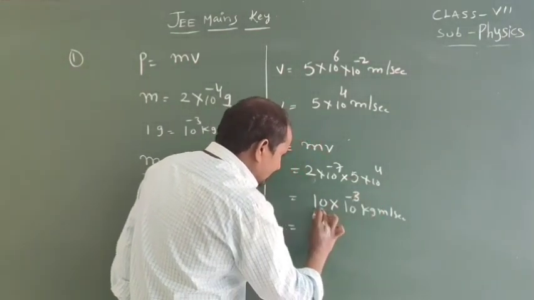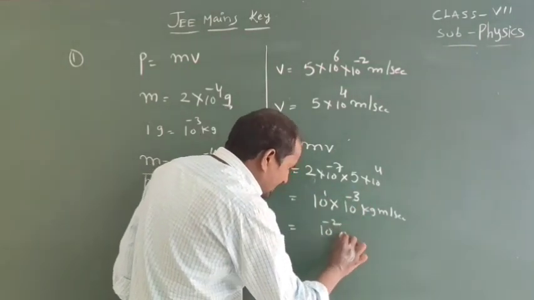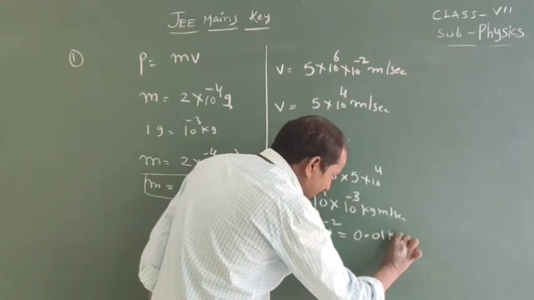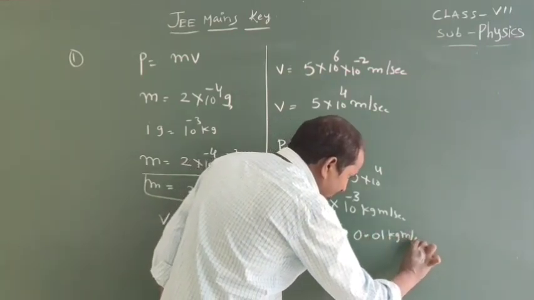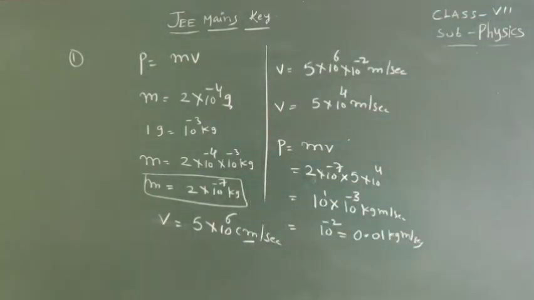We can write here 0.01 kg meter per second. So momentum equals 0.01 kg meter per second.